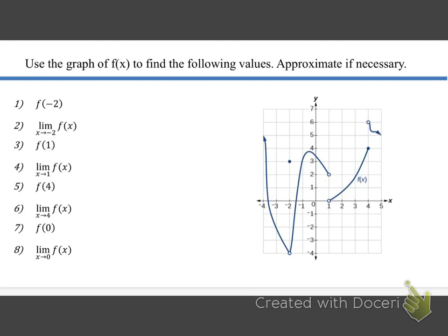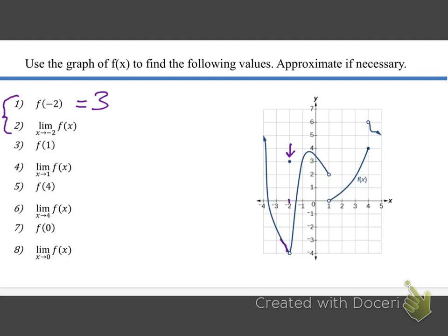Now, if you notice, these are kind of grouped up. These first two have to do with the x value negative 2. So question number 1, what is f of negative 2? Well, when x is negative 2, we can see our function is defined at an output of y equals 3. Number 2 says, what does it seem like should be there as we approach negative 2?